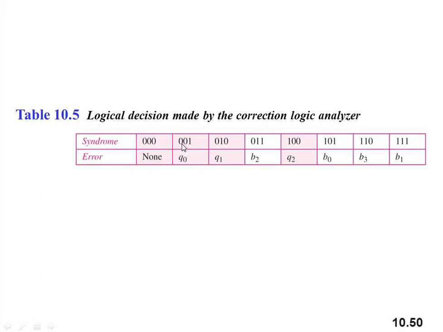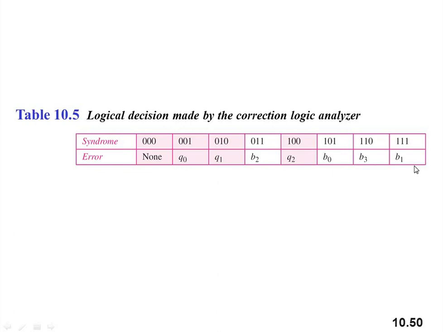If the syndrome generated is 0, 0, 1, then there is an error in Q0. If the syndrome is 0, 1, 0, there is an error with Q1. If 0, 1, 1, there is an error with B2. If 1, 0, 0, there is an error with Q2 and so on.